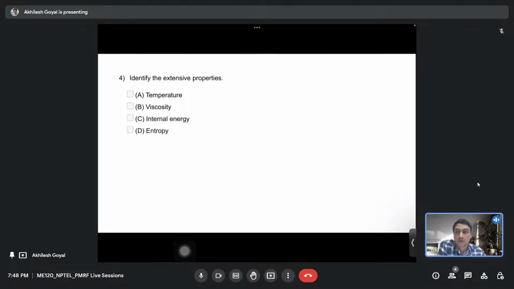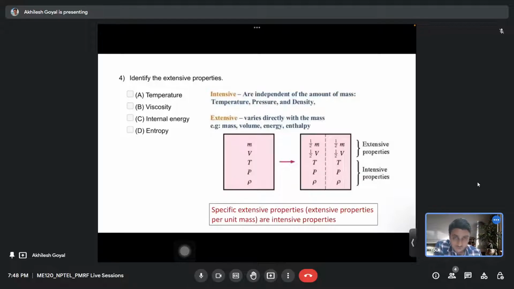Okay, now move to the next question. Here, identify the extensive properties. Before going to this question, we need to know how many types of these properties there are, and what an extensive property and an intensive property are.